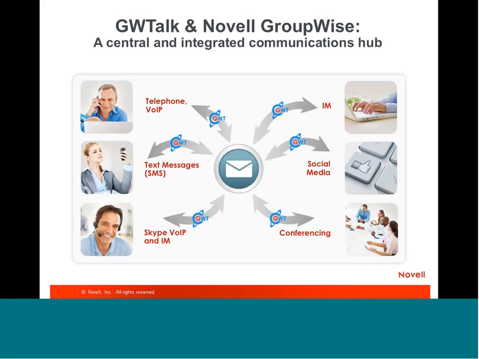We take GroupWise as the hub, as the communications central, where all communication is happening, and we integrate all these other new channels that are being used. We integrate telephony, texting, Skyping, instant messaging, social media, and allow it very easily to do conferencing and more.